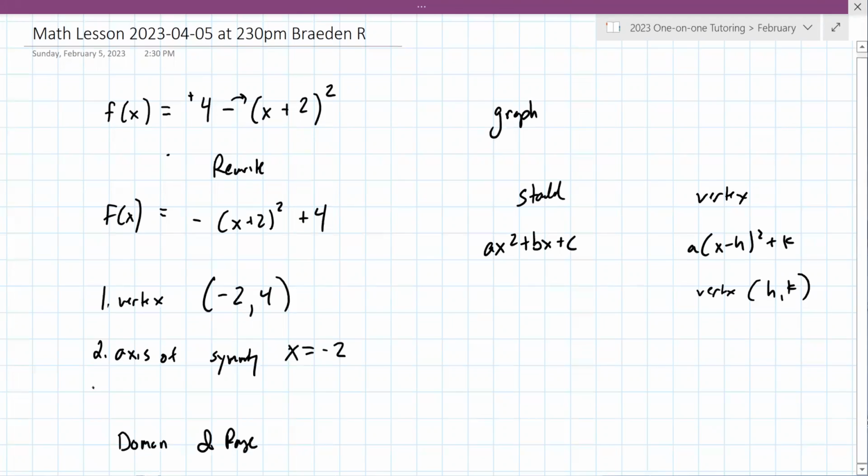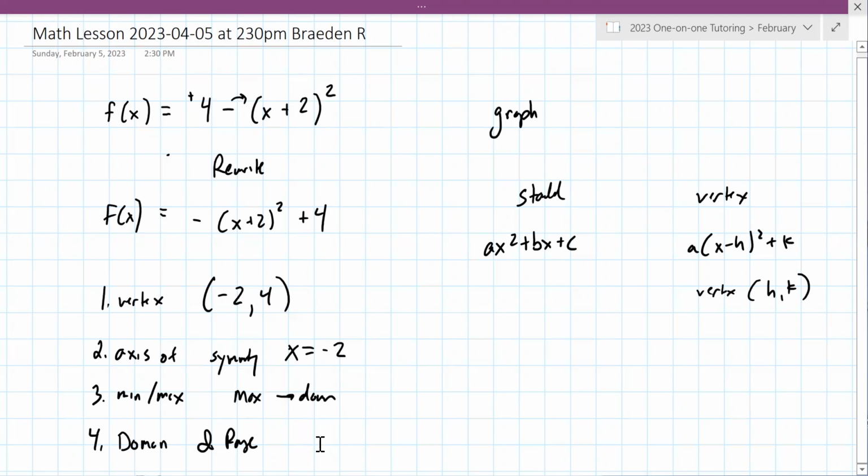Min or max, and that's based on whether it opens up or down. It has a max because it's opening down. Right, so that's right. So it could ask you, does it open down or up, and then max or min. They're kind of all related.